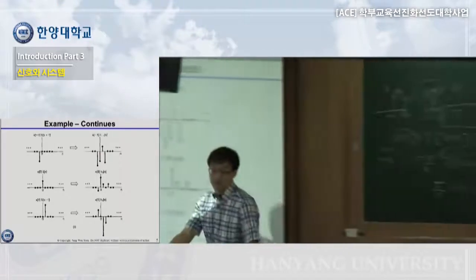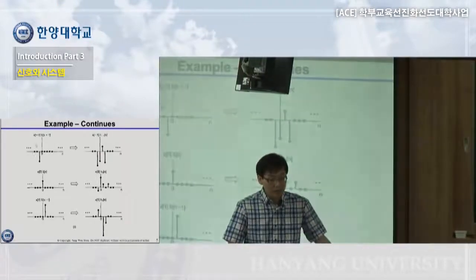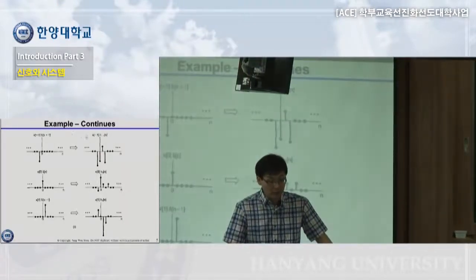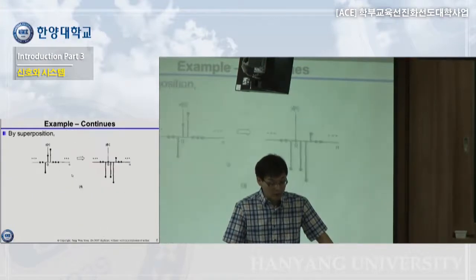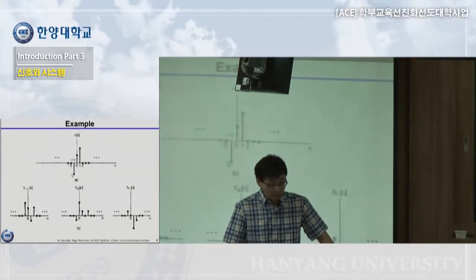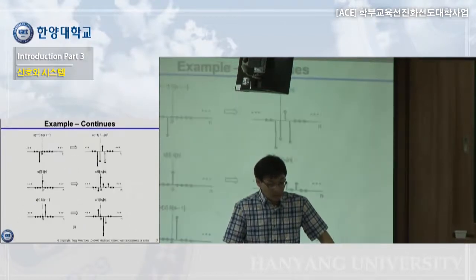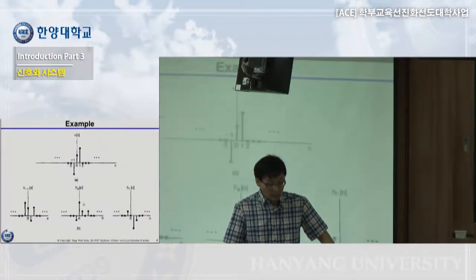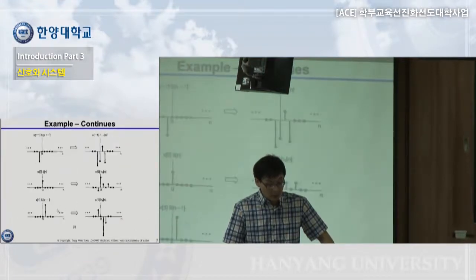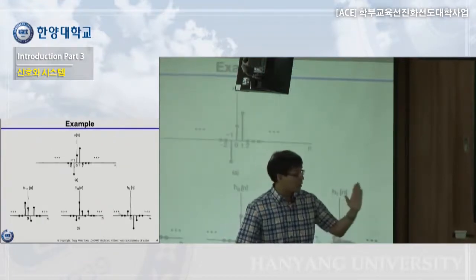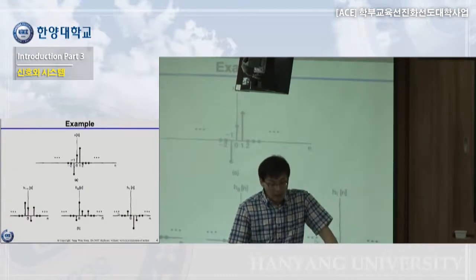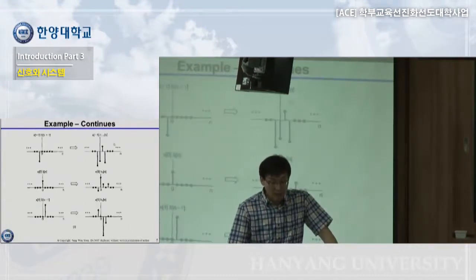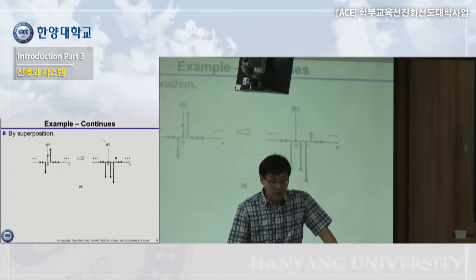To get n, we apply this to the system when they change to h, and see how they change. So they will be multiplied by this, and this one they will multiply by this. This one they multiply by this by shifting in time domain. After they finish, we add everything together to get this.